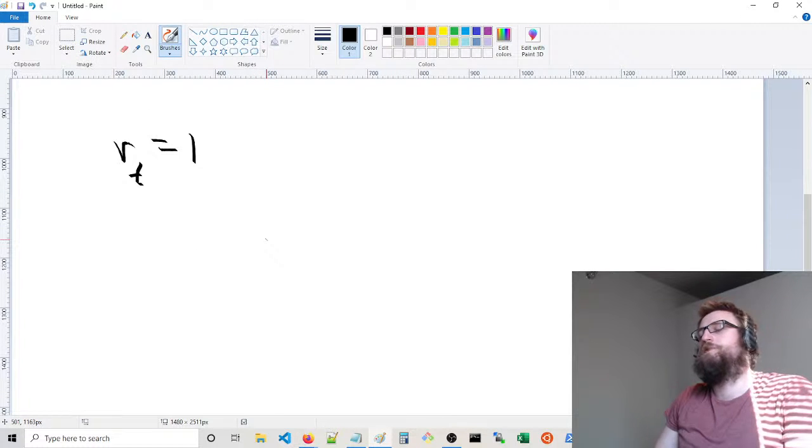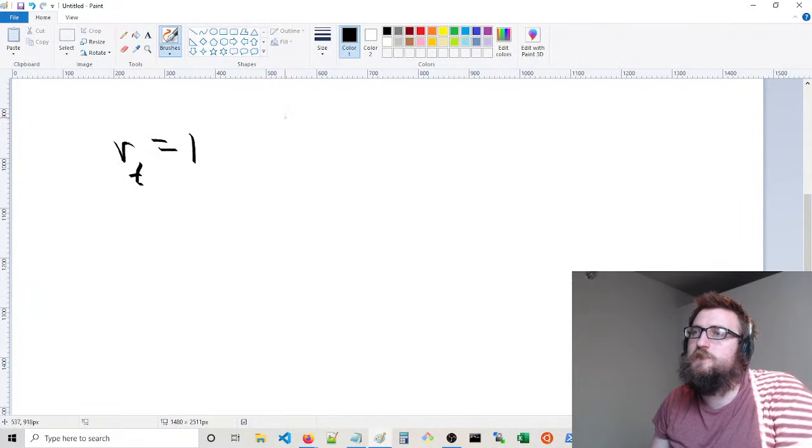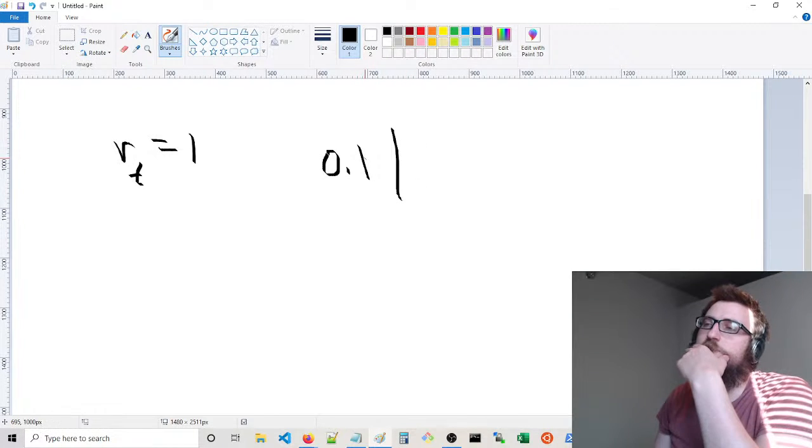So if unit circle, what's the probability of any particular point having a particular radius? So we said if r is 0.1, then the probability of that radius is 2 pi r over r sub t, but r sub t is 1, so it's just 0.2.